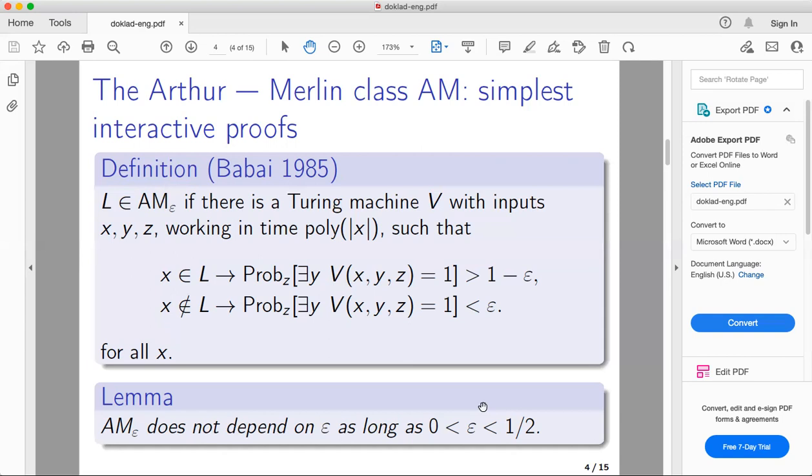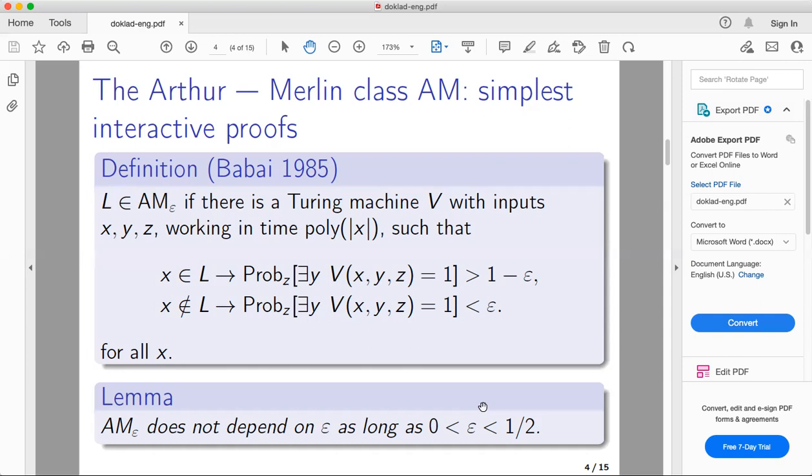We fix epsilon, and we say that a language L is in the class AM if there is a Turing machine V, again with 3 inputs, again polynomial time bounded, with the following property: if X is in L, then with probability more than 1 minus epsilon, there is a proof which is accepted with that randomness. And if X is not in L, then the probability of the very same event is less than epsilon.